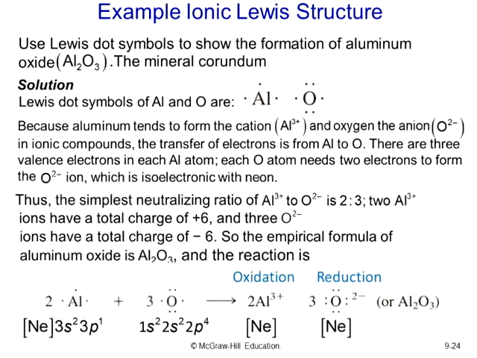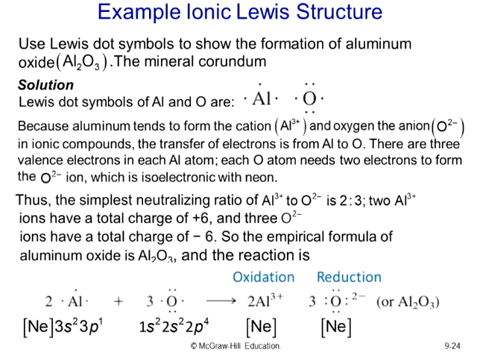Oxygen has 2 available sites from its 6 total Lewis dots associated with it. So, the art to this is to mix these so that we get 2 atoms of aluminum and 3 atoms of oxygen.